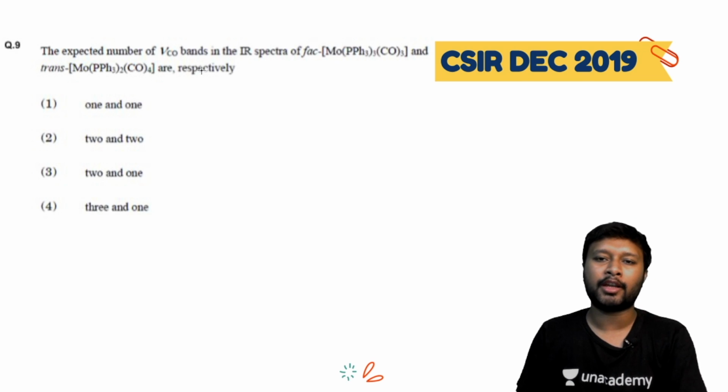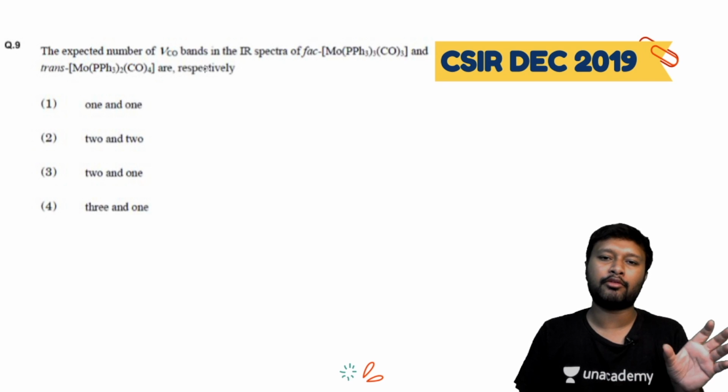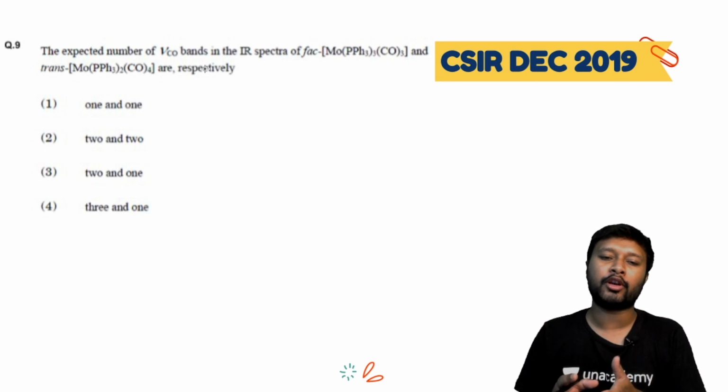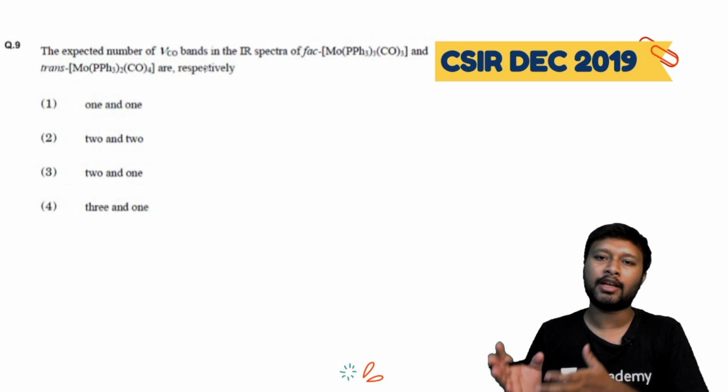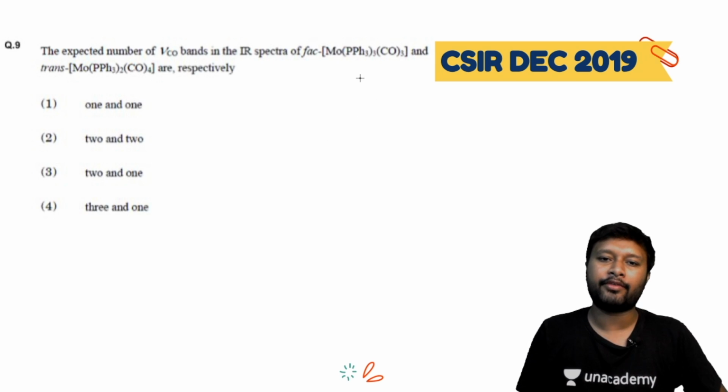I'll be giving you a table in which it will be written which particular isomer has what symmetry, the point group, and corresponding to that point group how many carbonyl bands you are going to get. Because all the carbonyls do not seem to be equivalent in this case. So you have the facial isomer and the trans isomer of this complex. Let's make both of them first.